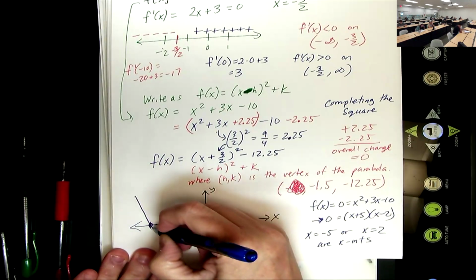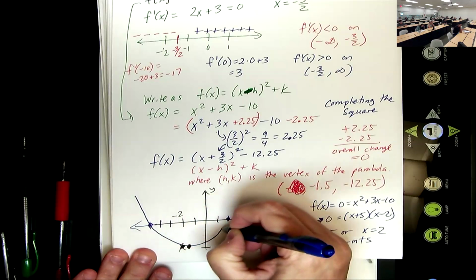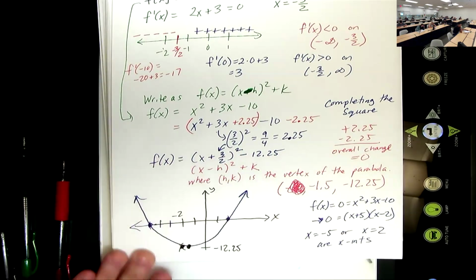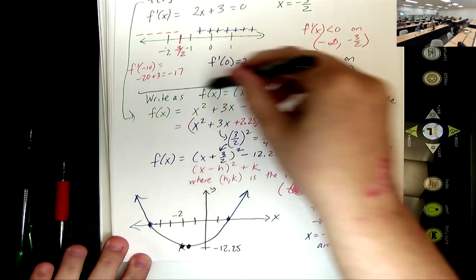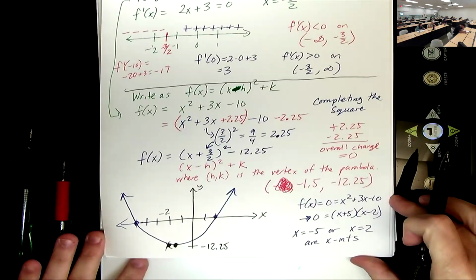This is a parabola that is doing this. Does this match up with the calculus we did?